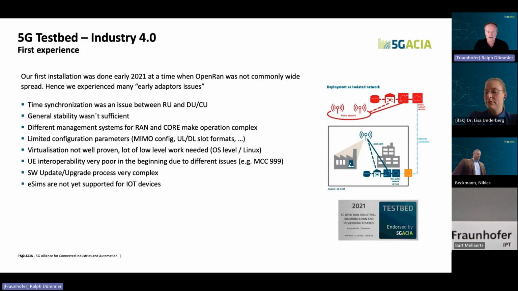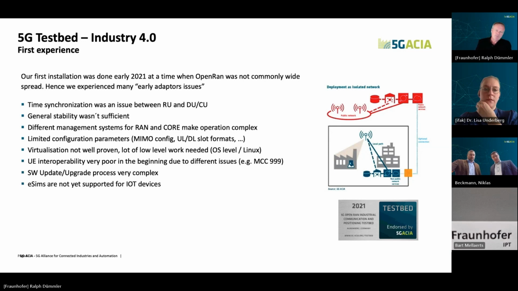At this time, I think only 150 licenses for private 5G campus networks had been issued by the Bundesnetzagentur. So it's not a lot. And from these 150, at least half of them were research institutes, universities. So not real commercially used networks.